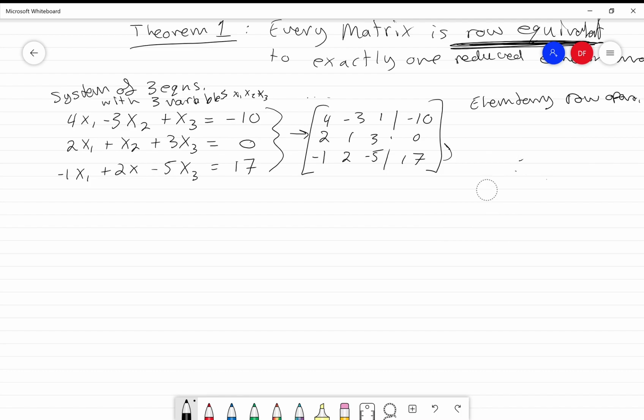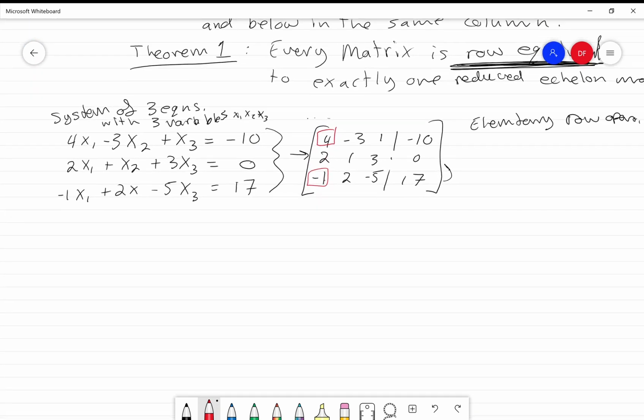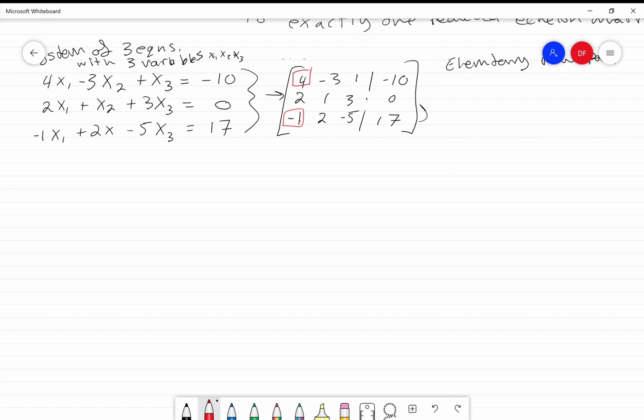What I should try first is I should have this as a leading entry and then try to make the ones below it 0. But because I see this negative 1 here, I can easily multiply, replace row 3 with negative 1 times row 3.